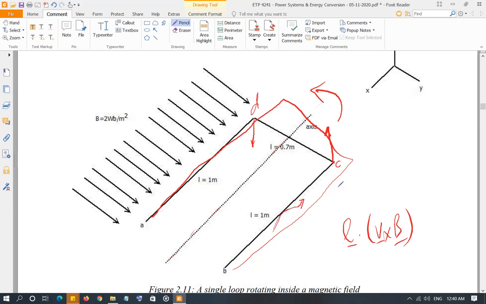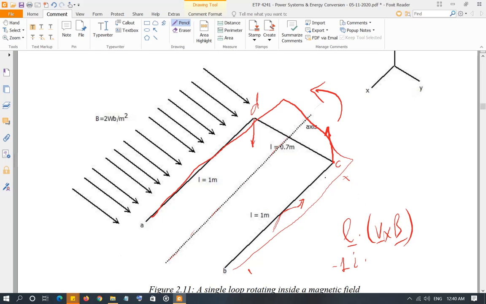So let's assume that the induced voltage direction is this, plus here, minus here. That means the length vector is going to be in the negative i direction, so 1 negative i. If you want to, you can assume it coming out. So B is positive, C is negative. In that case, it's going to be 1i, irrespective, as we discussed earlier.